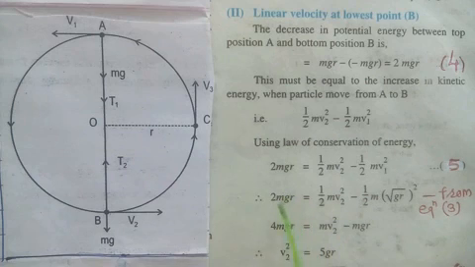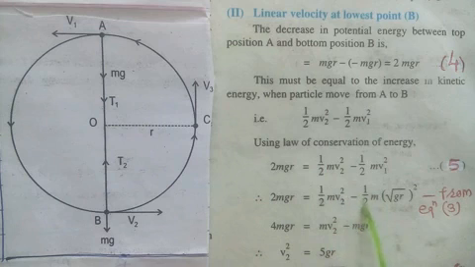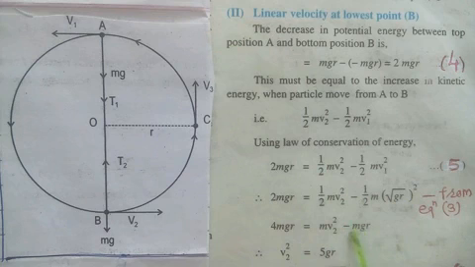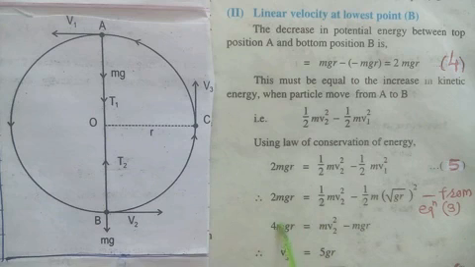Now multiplying both the sides by 2, here 2 into 2 is 4 mgr. On the other side, if you multiply by 2, the 2 gets cancelled. What remains? mv2 square minus m into gr. Now this minus term mgr is taken to the right hand side. Cancelling m in each term and taking this gr to the left hand side, we get v2 square equal to 4gr plus gr, that is 5gr.